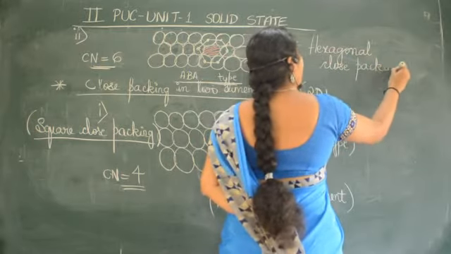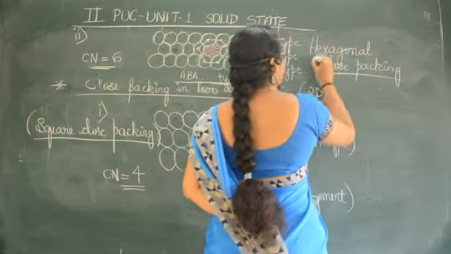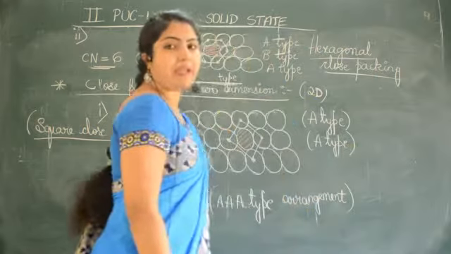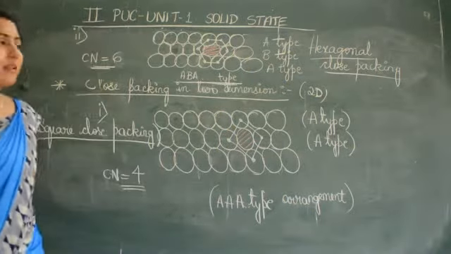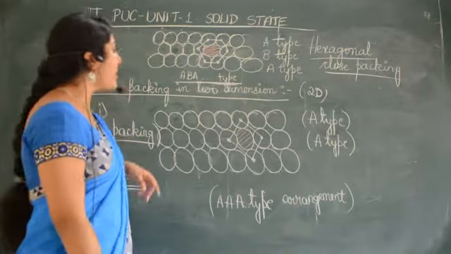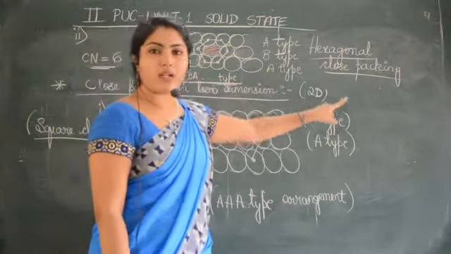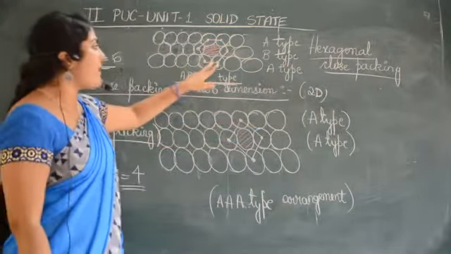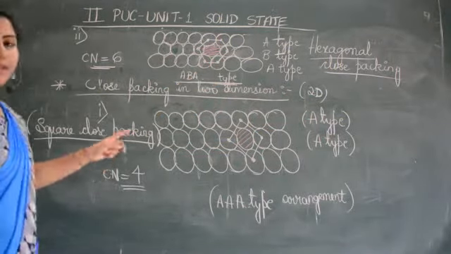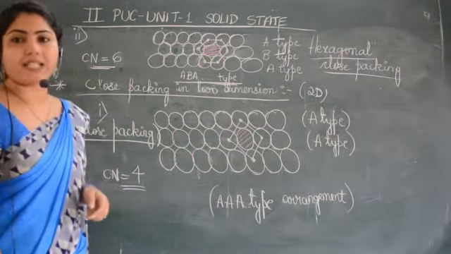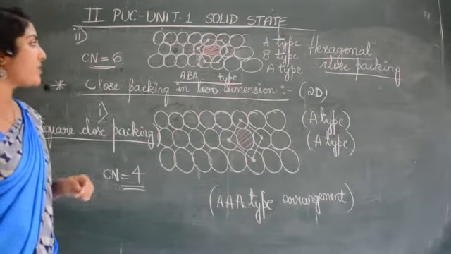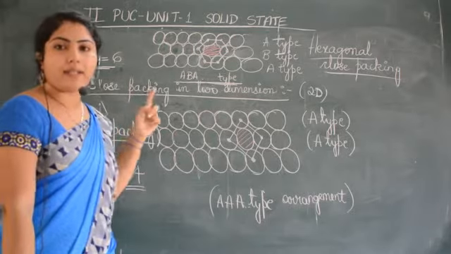They will ask you, what is the coordination number in hexagonal close packing in 2 dimension? In hexagonal close packing in 2 dimension, the coordination number is 6. And why is it called hexagonal close packing? Because here we get the shape of a hexagon, and that is why it's called hexagonal close packing, which is clear. No doubts regarding this.